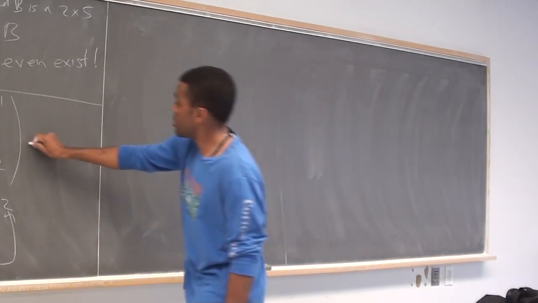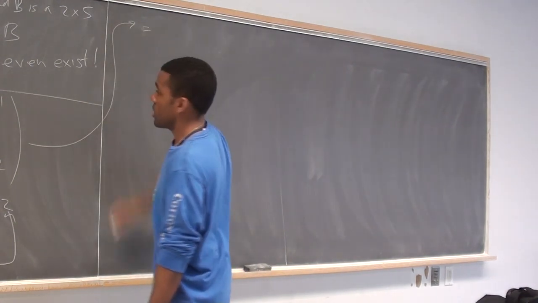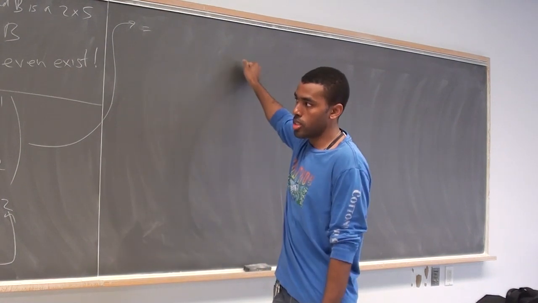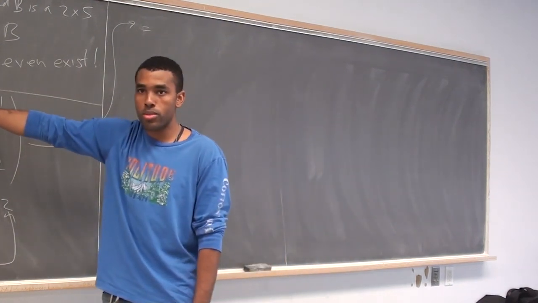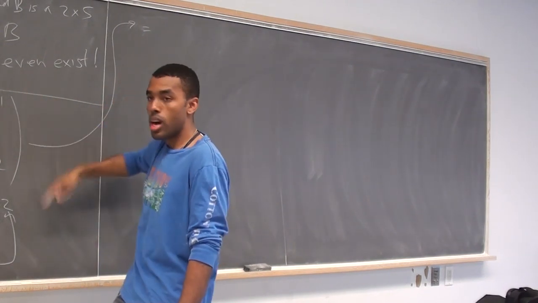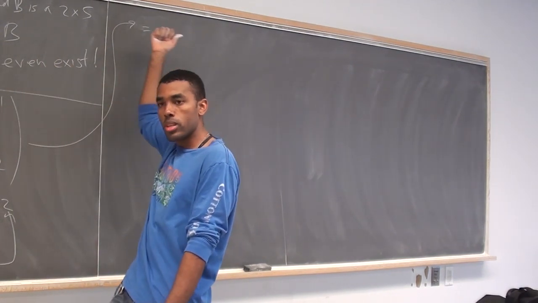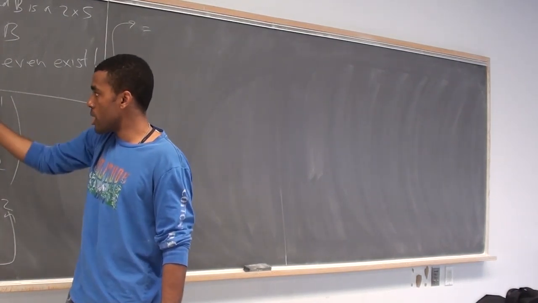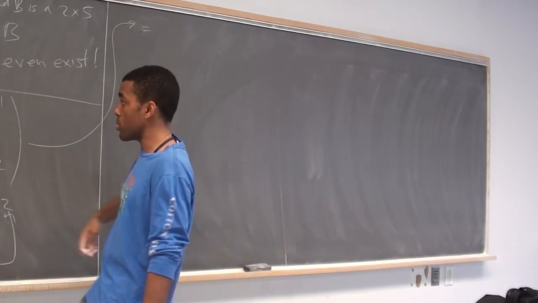So, how do you do it? Remember, the first row of your result is populated by the first row of the first matrix. I'm going to take the first row here, run through all the columns, and that's going to give me the first row of the result. First row times first column is going to give me the first number.